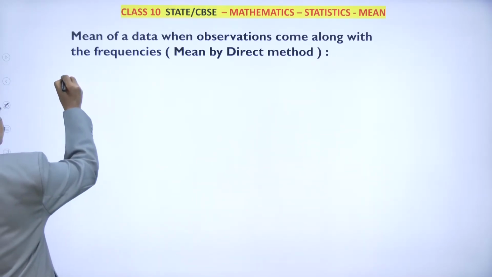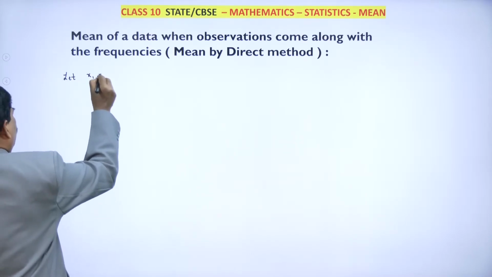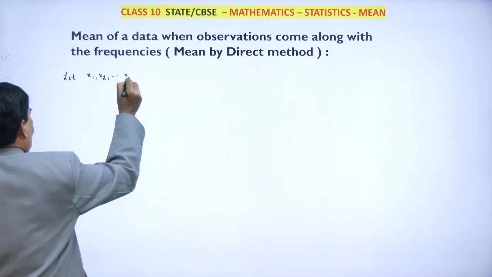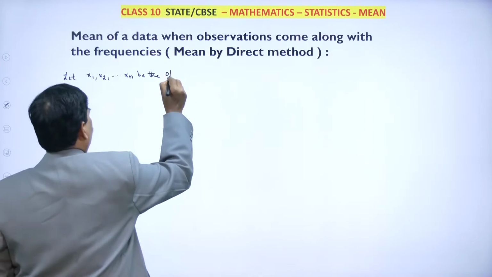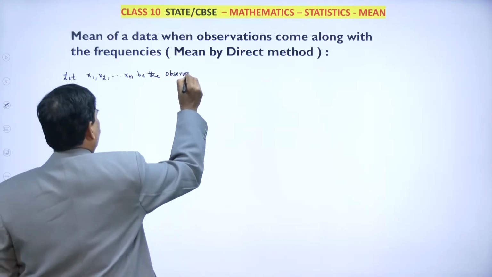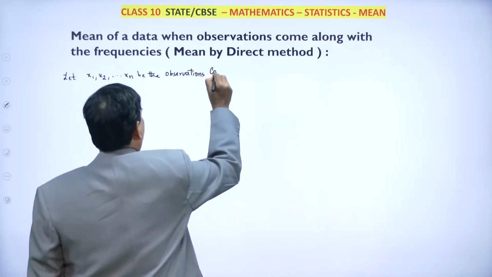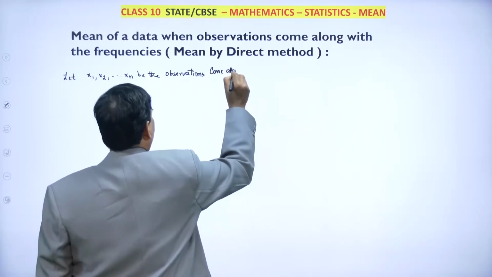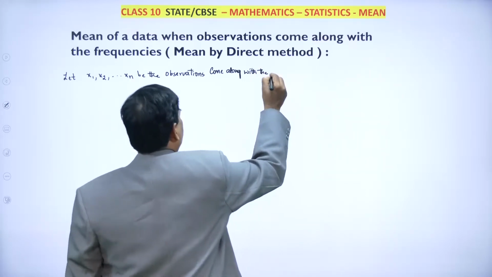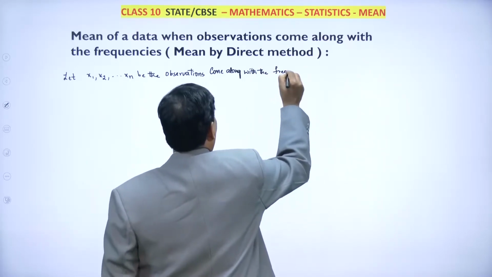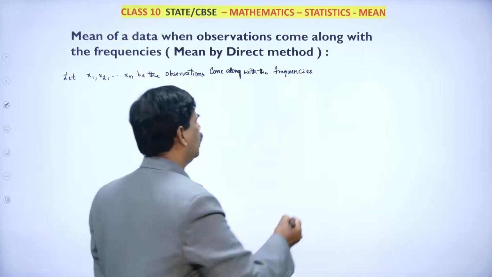So let x1, x2, so on xn be the observations, they come along with the frequencies.